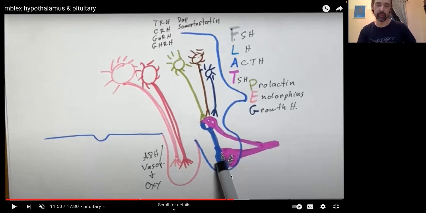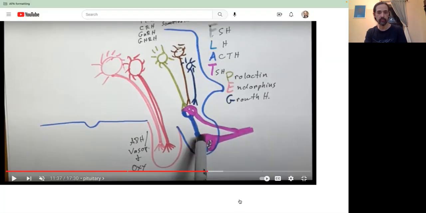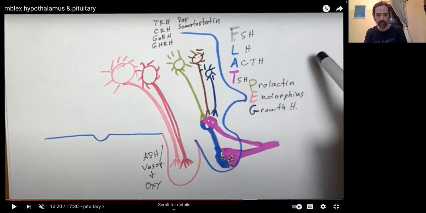The anterior pituitary has mostly glandular tissue. So if you look at this brilliant genius drawing, you see these round black circles with dots in them. That's my rendering of endocrine cells. So those are cells with nuclei and organelles inside of them.